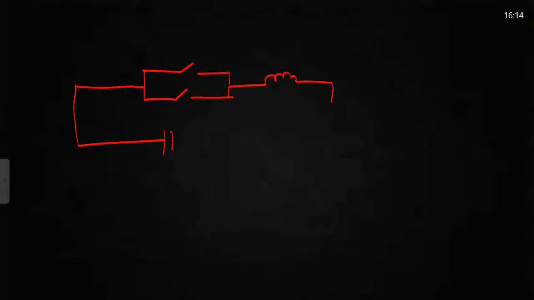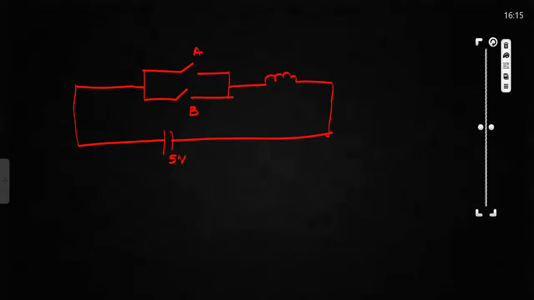So this represents a parallel circuit. So take this as an ideal circuit. Don't ask me why there is no resistance in it. Now this is A and this is B. Now my A is 0, B is 0.